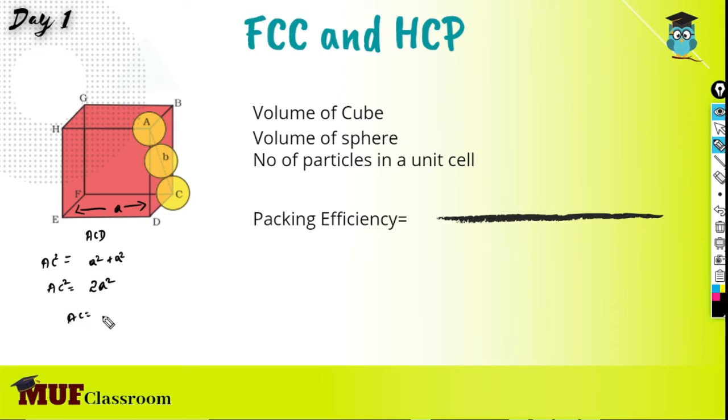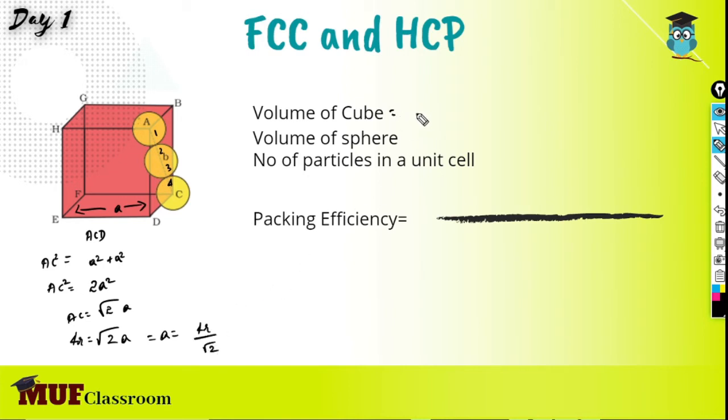Therefore, AC is equal to root 2 A. The value of AC is equal to 1, 2, 3 and 4 R. So 4R is equal to root 2 into A. Therefore, the value of A is equal to 4R by root 2.